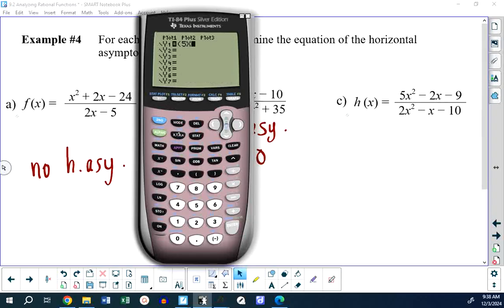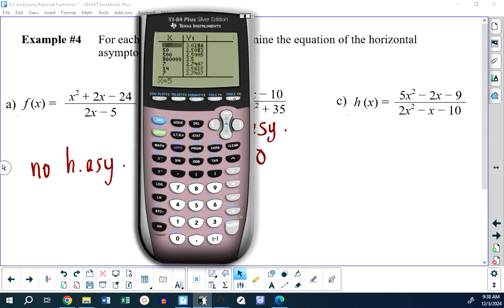Bracket 5x squared minus 2x minus 9 divided by, in brackets, 2x squared minus x minus 10. 5, negative 2, negative 9, 2, negative 1, negative 10.